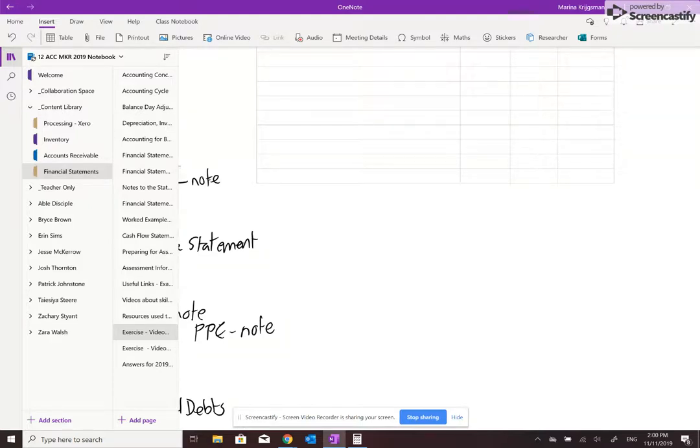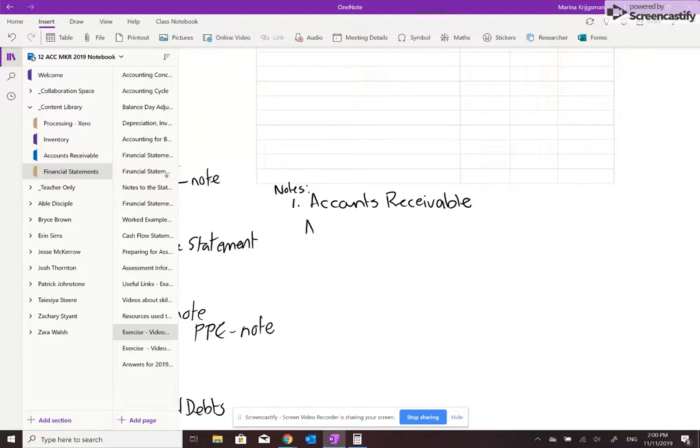So our first note is accounts receivable. So here's our notes to them. And notes are to remove the clutter from the financial statements.